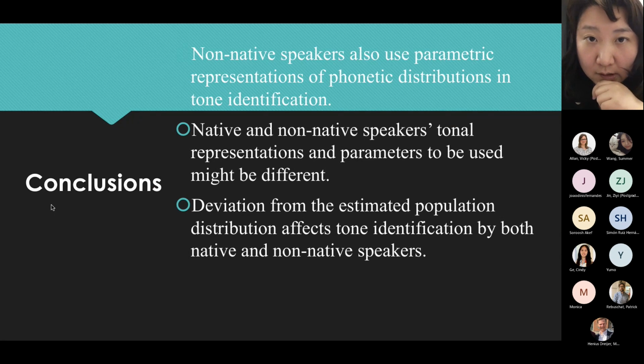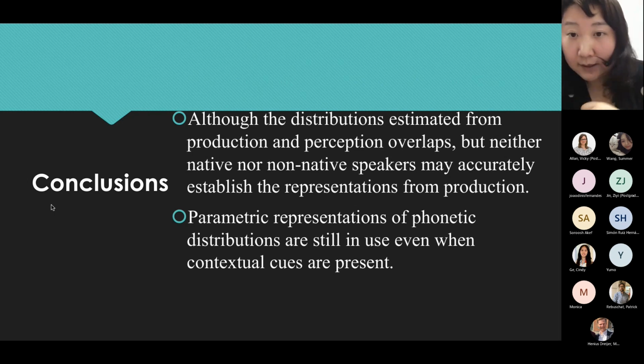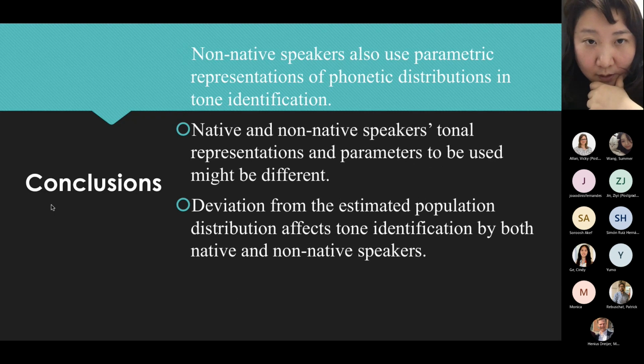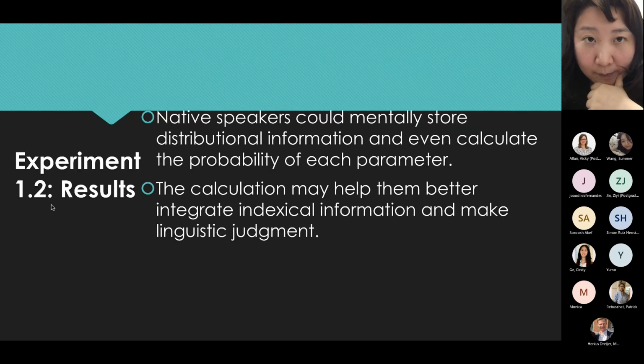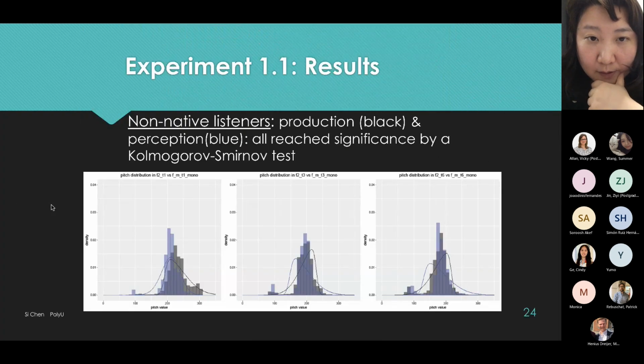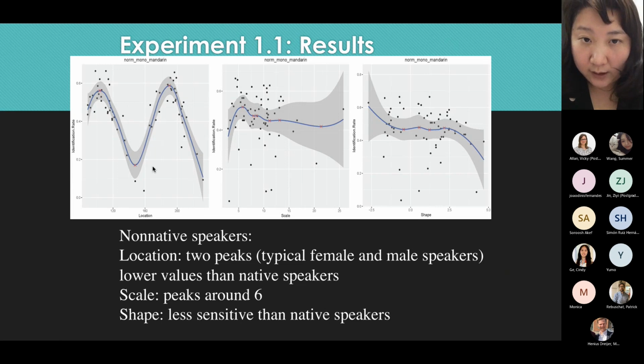So based on these results, we were trying to introduce a new concept, which is called probabilistic parametric representations. The idea is that, based on the experiments, you can already see that we have tested our hypothesis by showing that these three parameters, the location, the scale, and the shape, contributed significantly in tone identification, at least for native speakers.